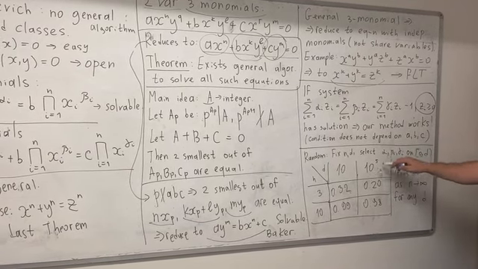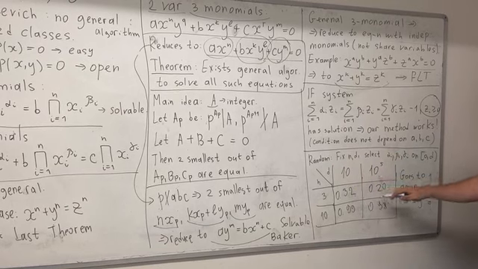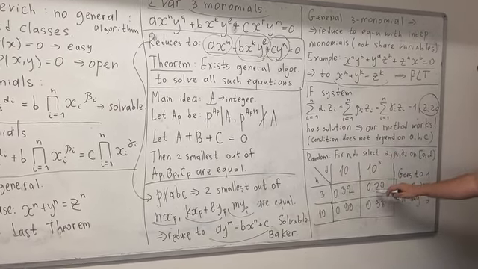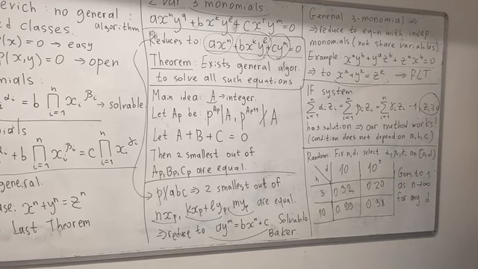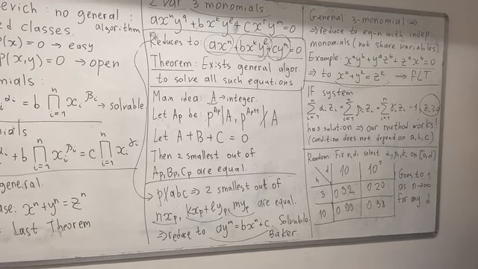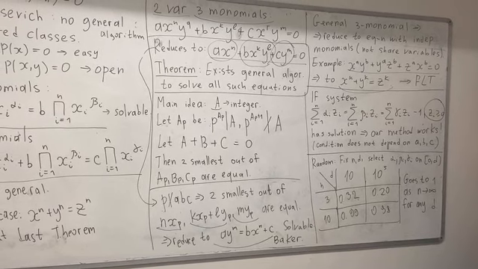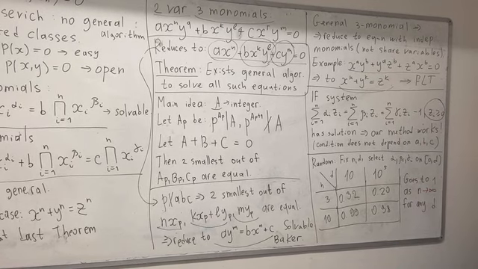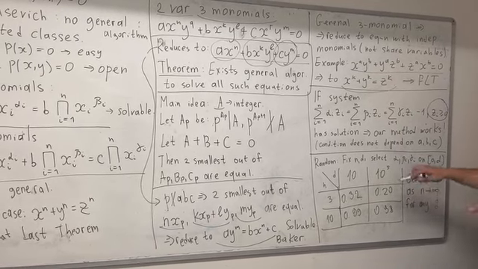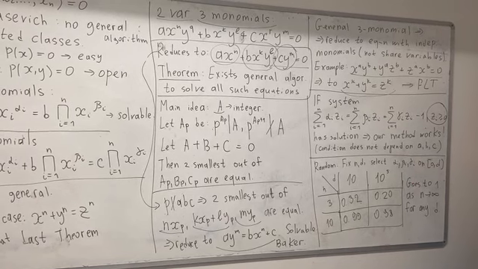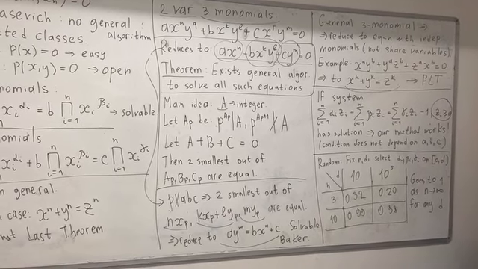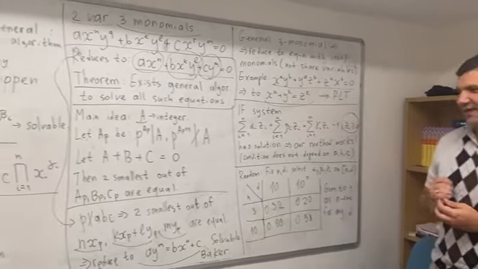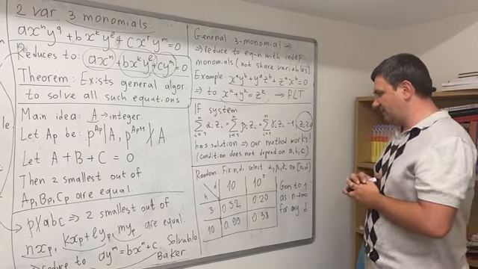If we have degree 10 to the power 5, then for 3 variables, only 20% of equations are solvable by this method, but for 10 variables, already 98%. So in general, empirically, we see that if we fix the degree and the number of variables goes to infinity, then the percentage goes to 100%. So empirically, it looks like our method is able to solve 100% of all three-monomial equations as the number of variables goes to infinity.